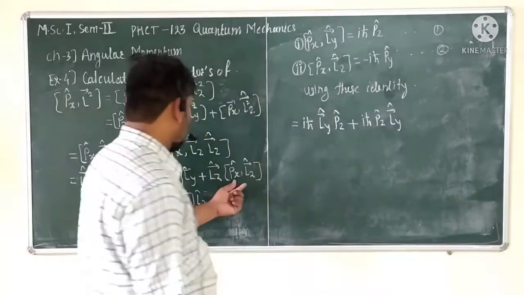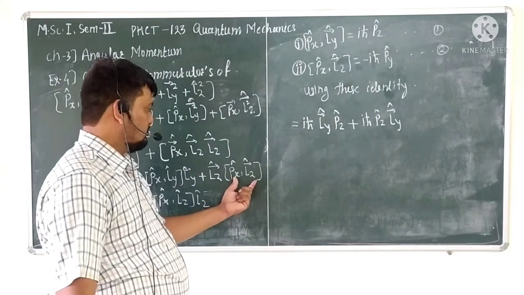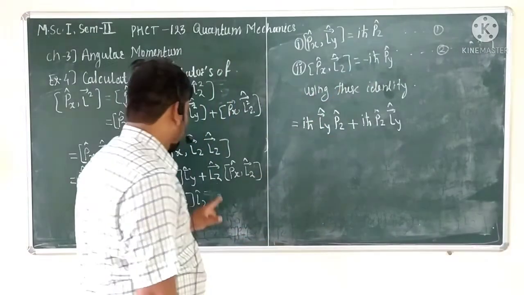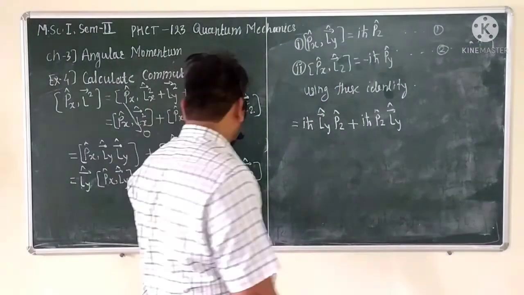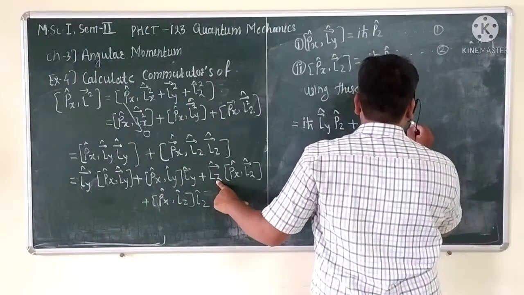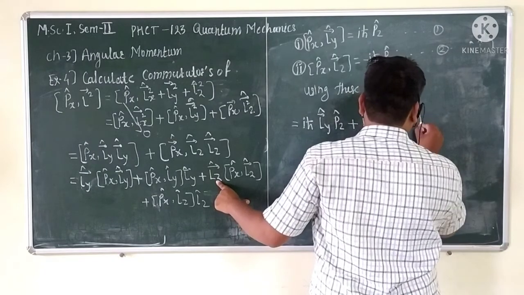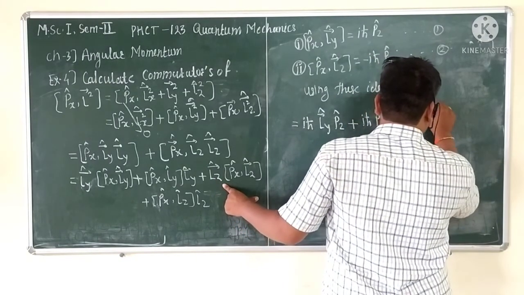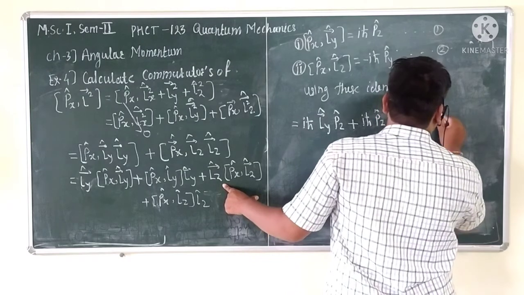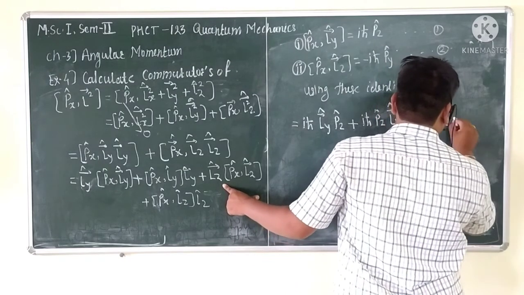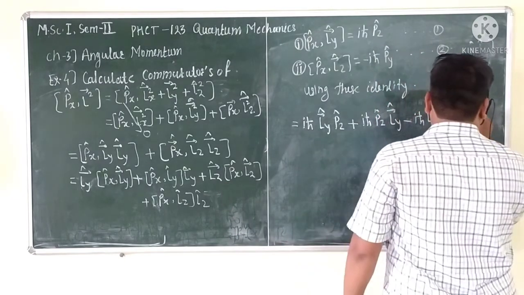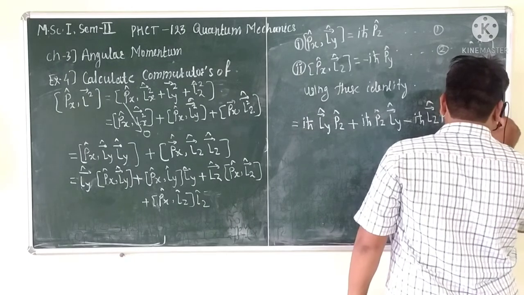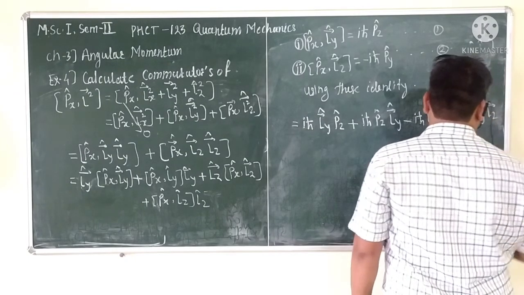Again, this [Px, Lz] is given as the result minus iħ Py, and this Lz is outside. So here minus iħ this Lz and this Py is there, and minus iħ Py of Lz is there.